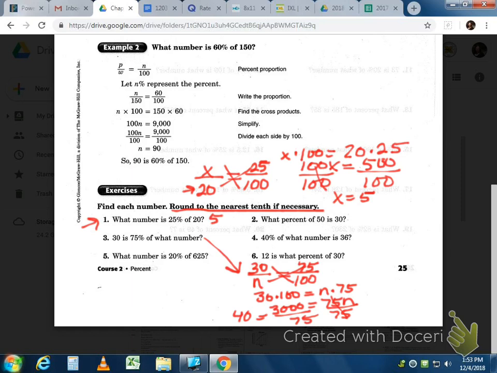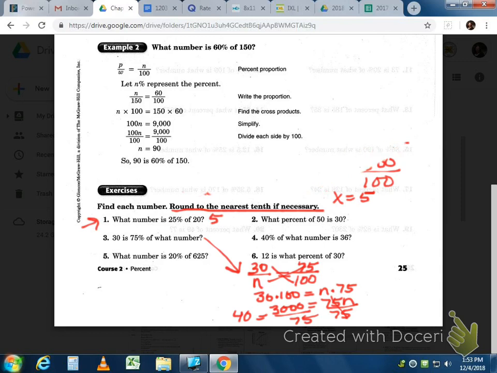Okay, number 5. I'm going to erase this up at the top, because you should have that written down by now. So this was 5, and we said this one's 40. All right, number 5. What number is 20% of 625?